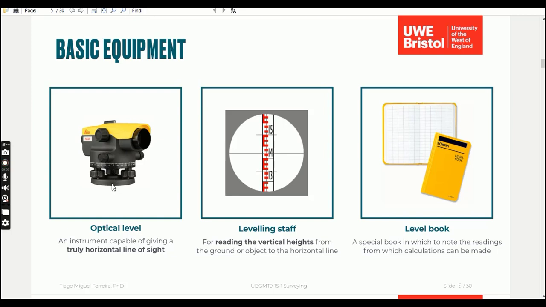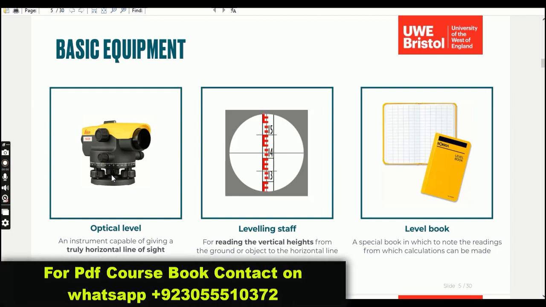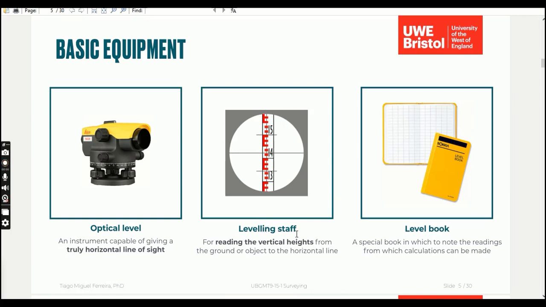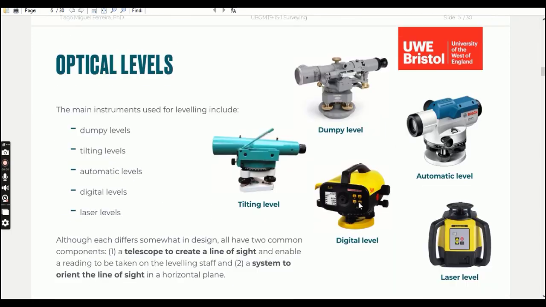When you level your auto level, it will give you a horizontal leveling reading. The second equipment we use is the leveling staff. It can be in feet or in meters, depending on the project. The third thing is the level book. When you take measurements at site, you need to put them in your leveling book.